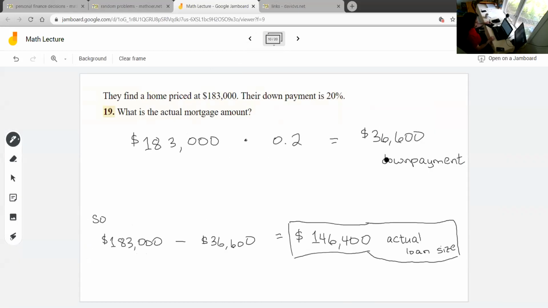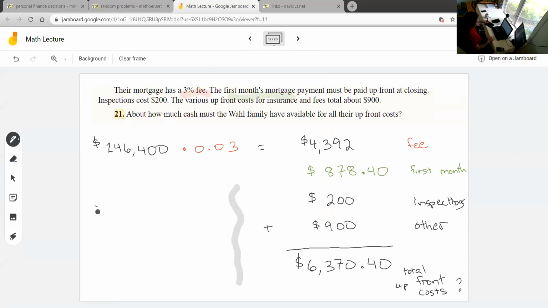The big one, the down payment. So I have to take that down payment and add this stuff.